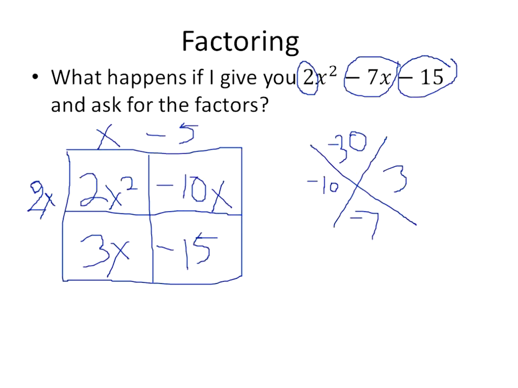So what number would have to go here then? Let's look at it, we're trying to find the area of this box right here, right? Because x times 3 is going to give me that. And negative 5 times 3 would give me negative 15.